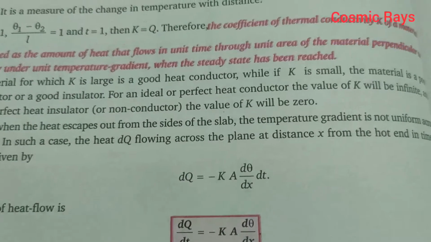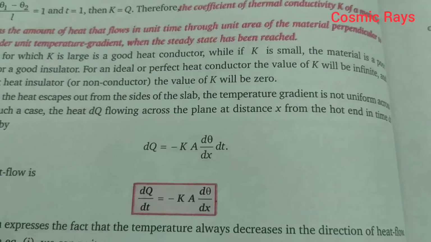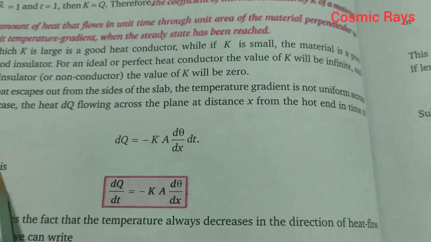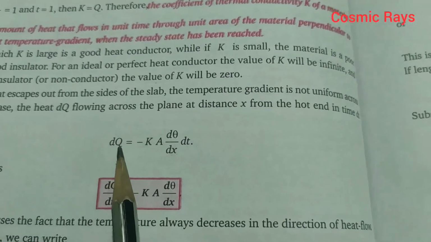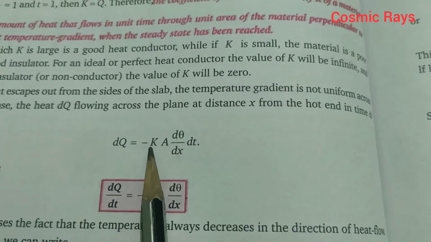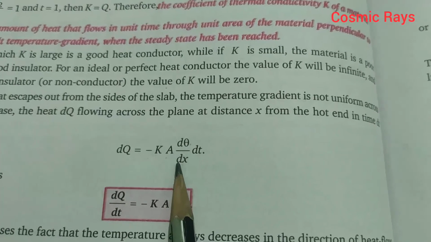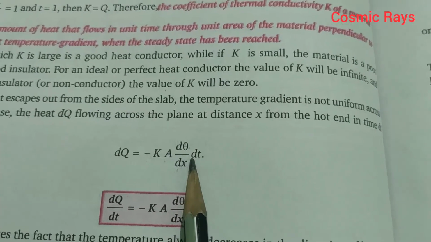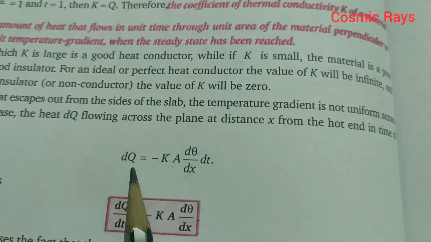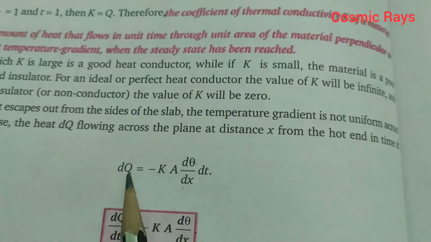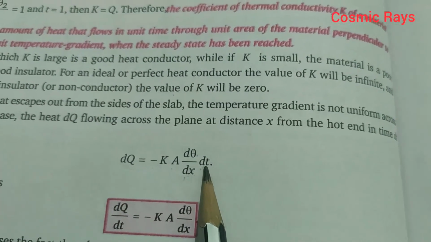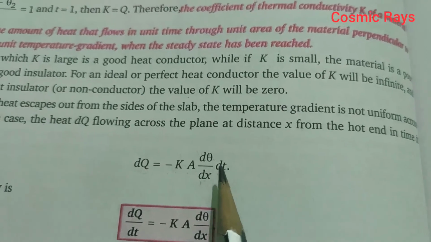Now if the heat escapes out from the sides or face of the slab, then the heat flowing will be dQ equal to minus KA d theta upon dx multiplied by dt, because this heat loss will be for a very small time. The heat loss is very small, so it is represented as dQ. Time is very small, so it is represented as dt.